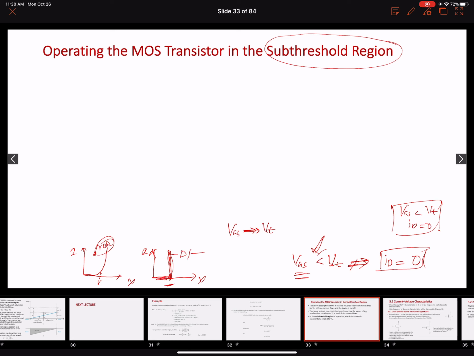Something similar holds for a MOS transistor: current will start to flow when the gate to source voltage is less than the threshold voltage but very close to it, provided that VDS is applied to provide a path for the current flow. The current then increases exponentially as the gate to source voltage approaches the threshold voltage.